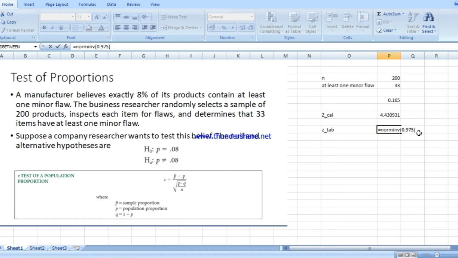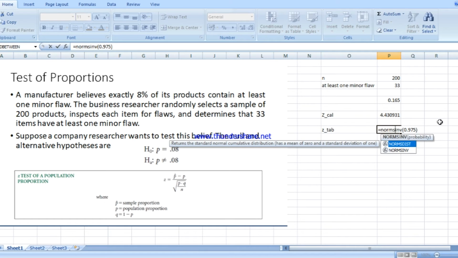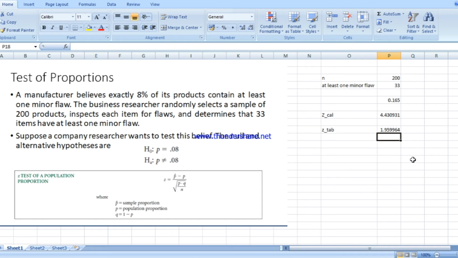The reason why we are taking 0.975 is that since it is a two-tailed test and we have 5% as the level of significance, two-tail means 2.5% from the right and 2.5% from the left. This we have already taken up in the previous lesson. So it will be NORM.S.INV 0.975 and we will get 1.96.